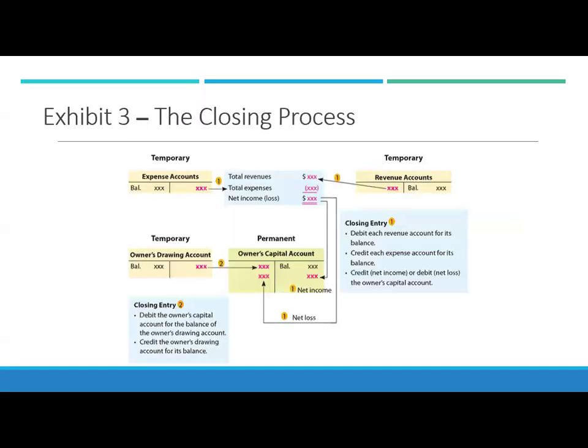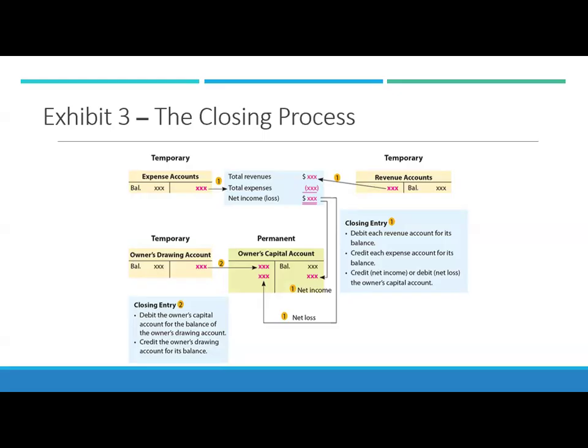So this is how it looks in the T accounts. So, right, we have our expense accounts, they have a running debit balance. The revenue accounts have a running credit balance. The drawing account has a running debit balance. And so essentially we just have a journal entry that reduces all of the running balances for these ledger accounts to zero.